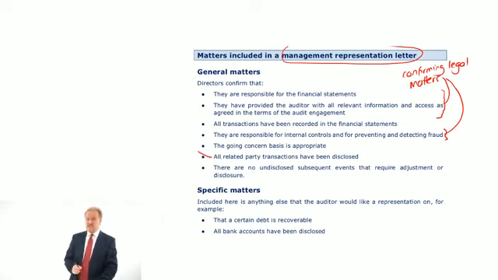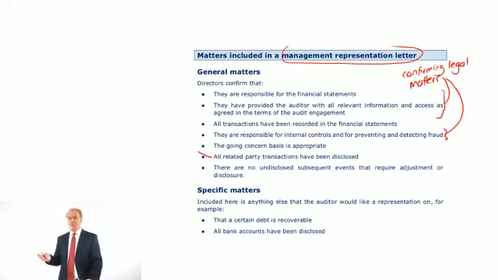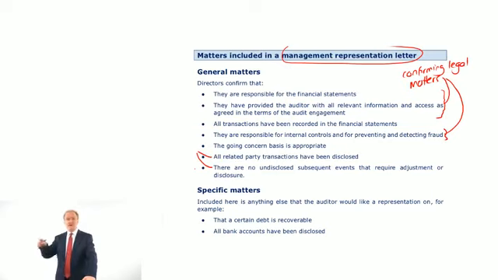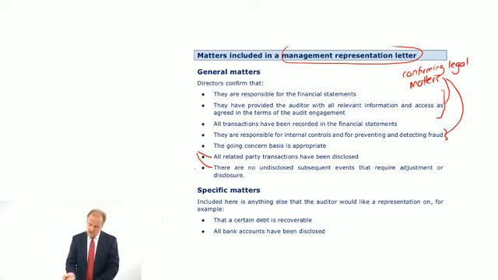But things like related party transactions, which are very difficult for auditors to know about. Subsequent events, remember they've happened after the year end. They might have happened very recently and we might not have been told about them. What else? Going concern, another matter of opinion.